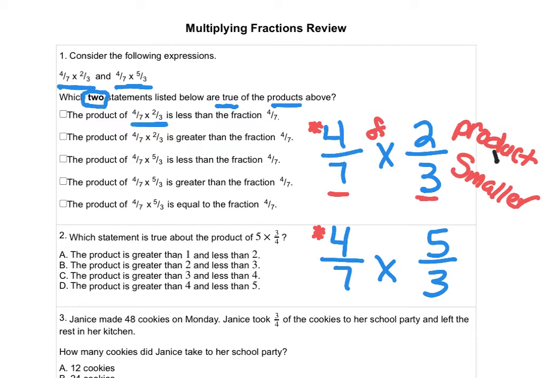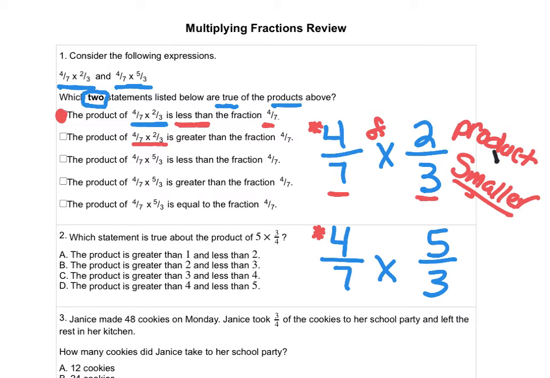So the product of 4/7 times 2/3 is less than the fraction 4/7. Smaller and less than would be the same thing. So that's what it would be. Your answer doesn't get greater than, it gets less than, so it can't be that.